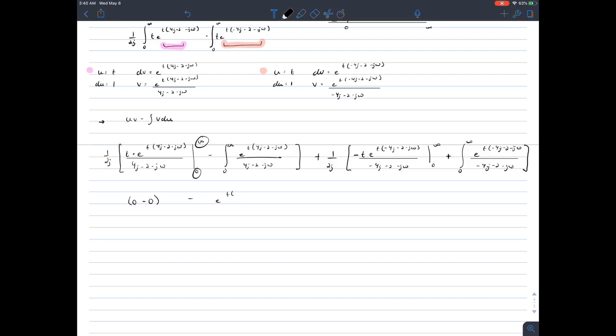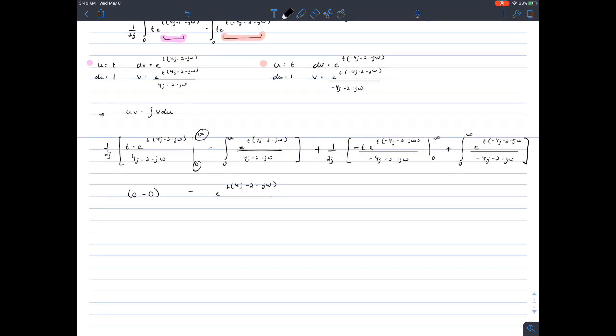E to the (4j minus 2 minus j omega)t, all divided by (4j minus 2 minus j omega) squared.